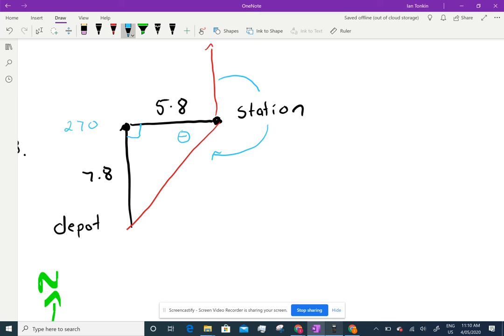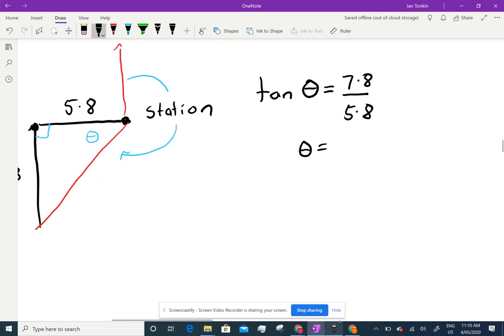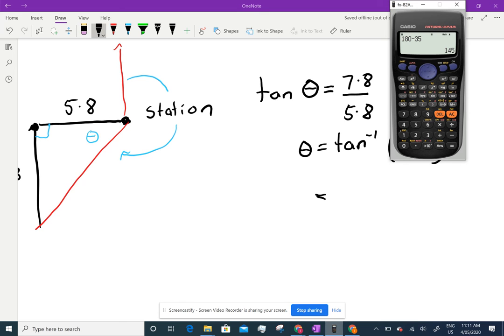Now, this is a right angle, so I'm going to go tan theta equals opposite 7.8 over 5.8. And again, I'm going to go inverse tan 7.8 over 5.8 equals, calculator, shift tan 7.8 divided by 5.8.